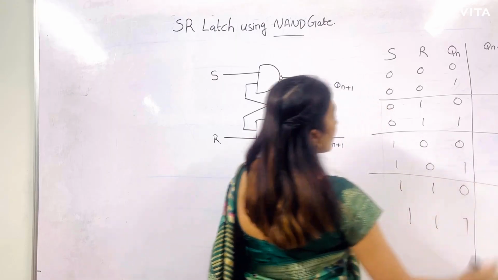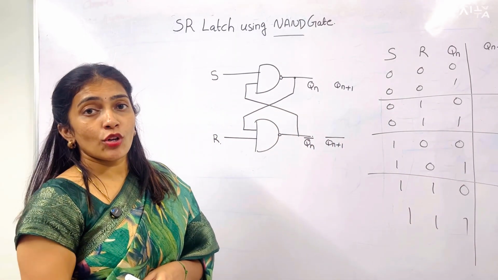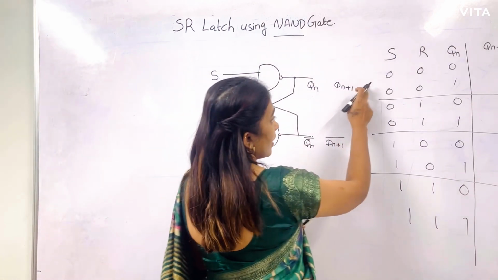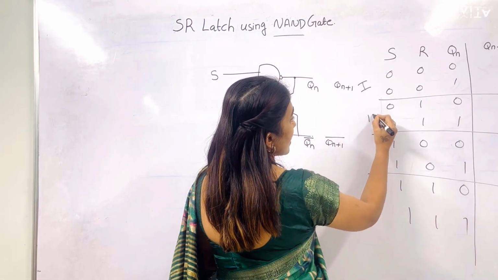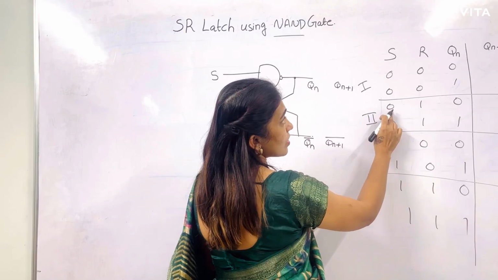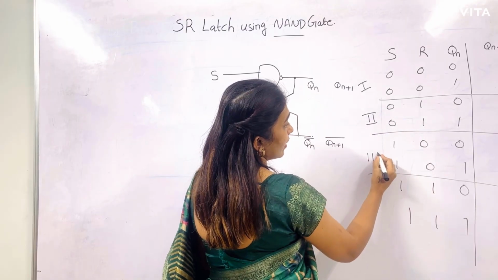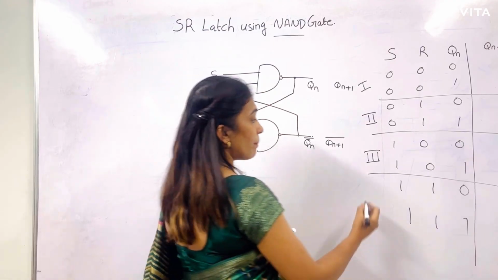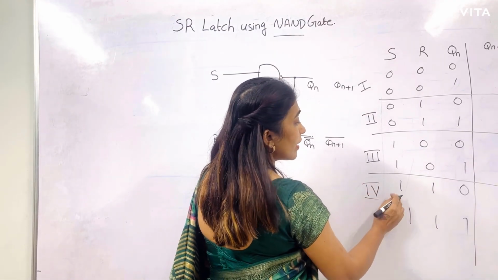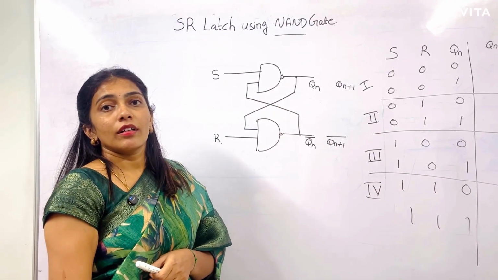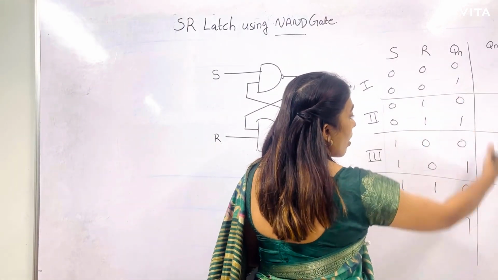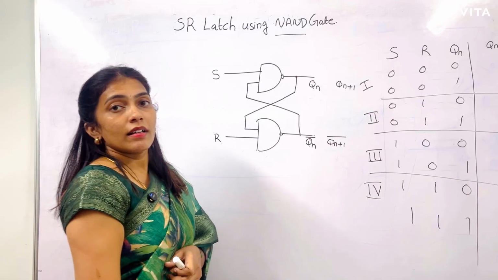In the first part, S value 0, R value 0. In the second part, S value 0, R value 1. In the third part, S value 1, R value 0. In the fourth part, S value 1, R value 1. We need to calculate Qn plus 1 in all these cases.